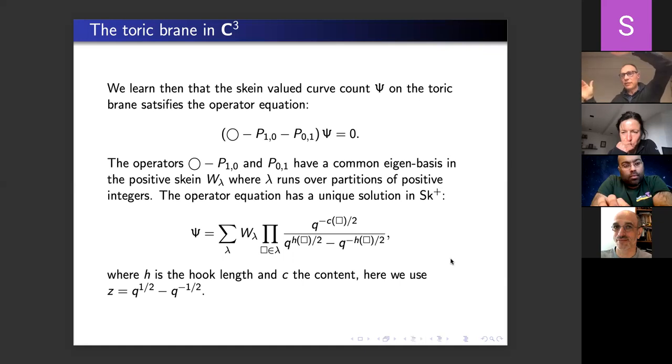But the boundary of that moduli space needs to be 0 in the Skein. And the boundary consists of curves moving at infinity, just moving there, and curves sitting inside still. In this equation, this operator is the curves moving to infinity, and the psi are the curves inside. And when I multiply them in the Skein, just take their union, that has to be 0.